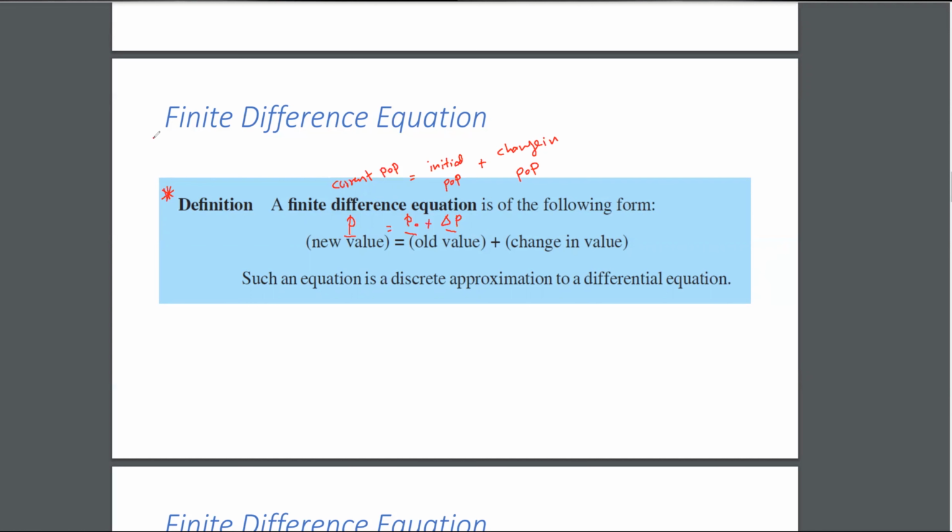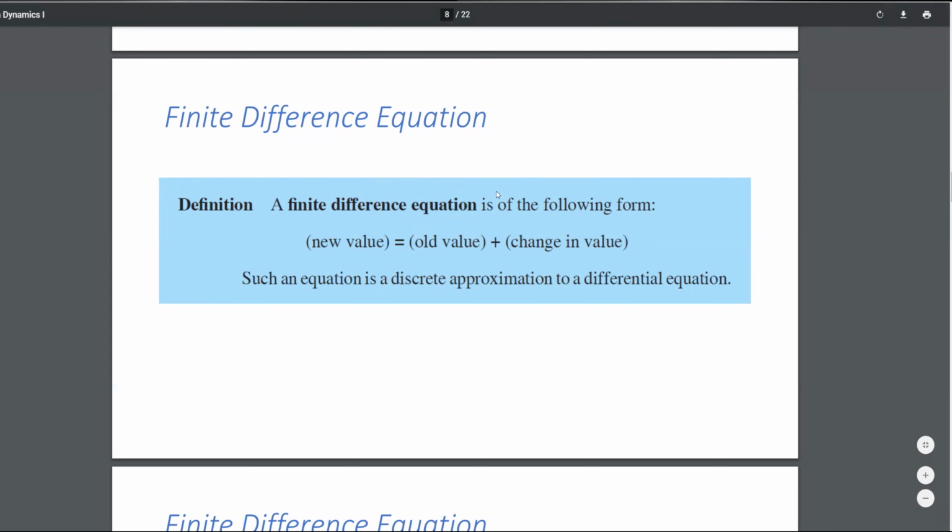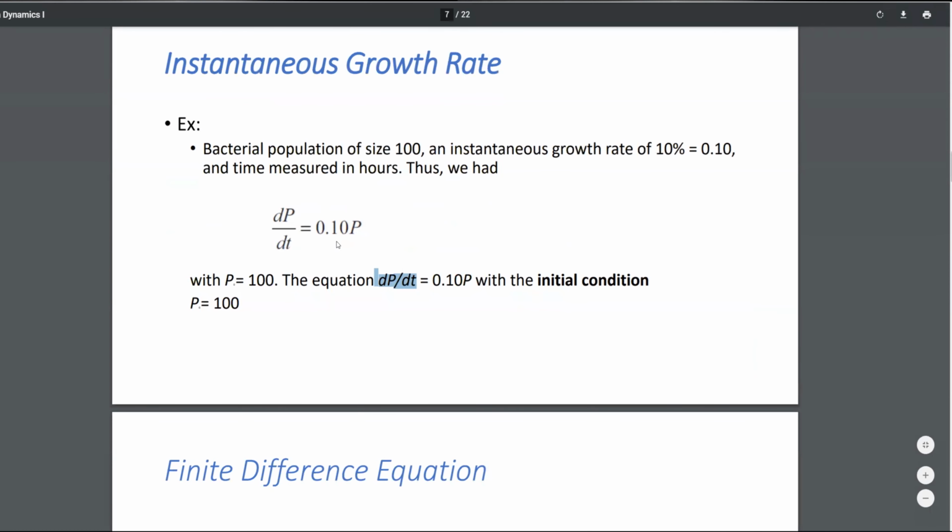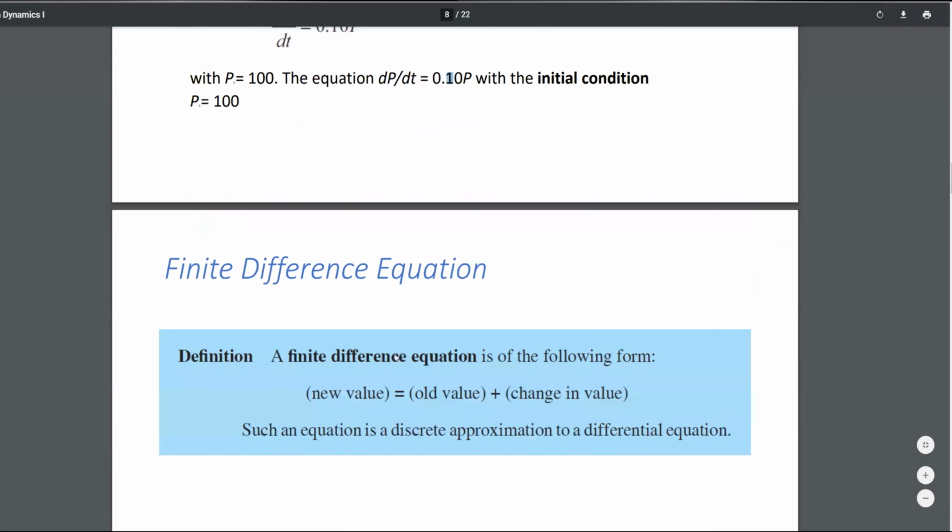It has a big, heavy name, but simply what it says is the current value is equal to the old value plus the change. As simple as that, but it's given a big name. If you're not familiar with the name, this is the time to absorb and understand it. So far, so good? These are very simple things I've taught you so far. It looks like heavy math, but it is not.